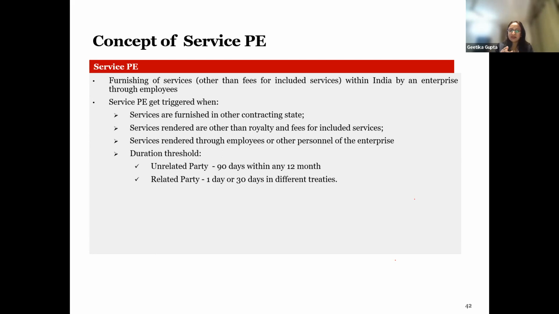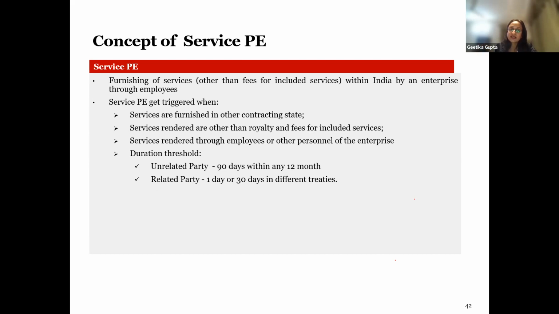So I've just written these words. I think we have written from the US treaty, which says 90 days in any 12 month period, and 30 days in different treaties. Depending on the language of the treaty, one has to see how many days the person has stayed in India. In practical examples while conducting audit proceedings of a foreign company, this is a general question which is always asked: has the personnel of the foreign entity visited India?